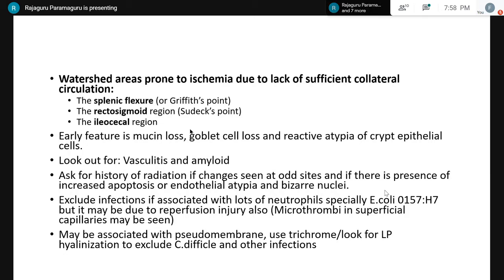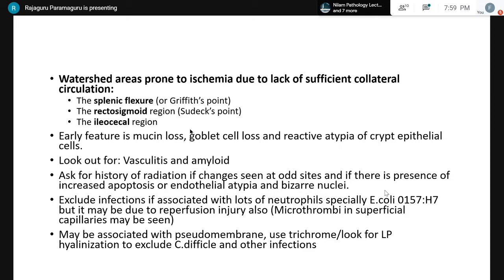So the crypt epithelial cells are going to have a morphological appearance of an adenoma, though the nuclear stratification might not be there, but there might be enlargement and presence of nucleoli, and they might look bizarre. So you have to keep this in mind and look for goblet cells, and other features like lamina propria hyalinization. So that could be an ischemic colitis.